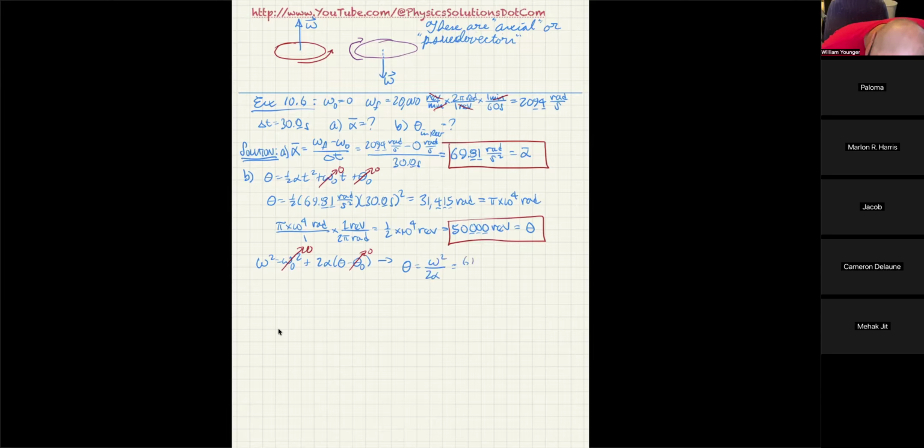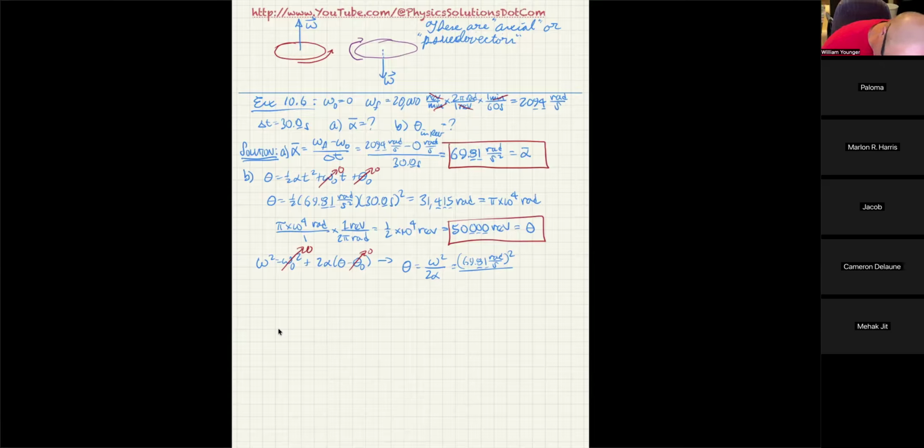That's going to be 69.81 radians per second squared over 2 times, oops, I actually put the omega in the wrong spot.